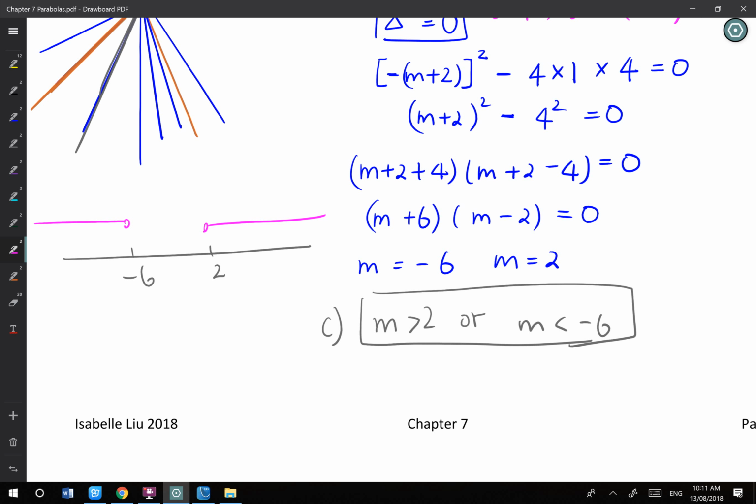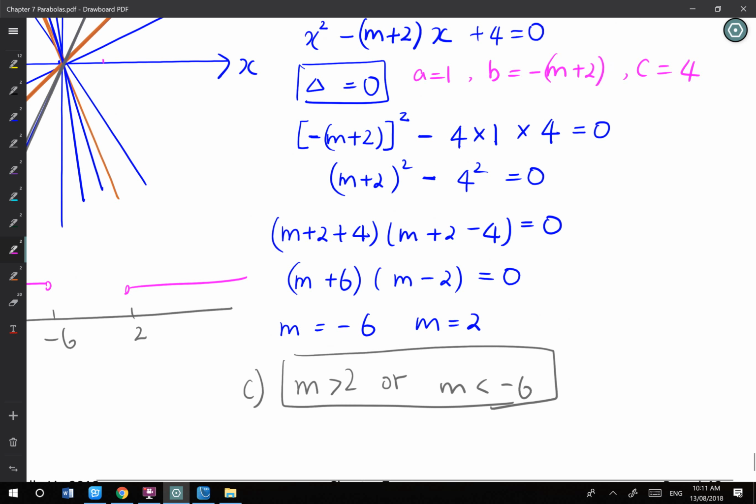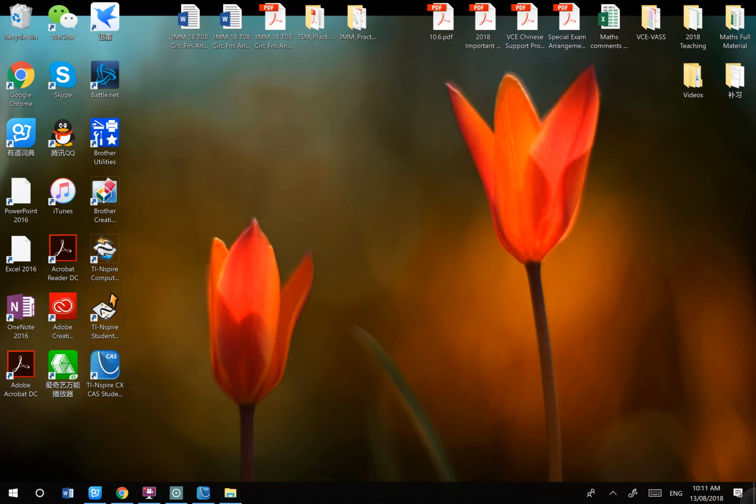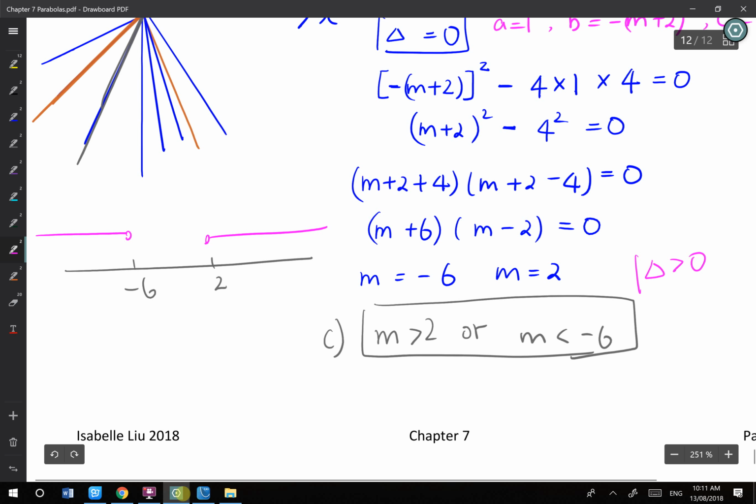From C, you can solve discriminant greater than 0, but since you haven't learned quadratic inequalities yet, it's hard to do this. So I will just show you the graph and the reasoning why m should be less than -6 or greater than 2 from the diagram.